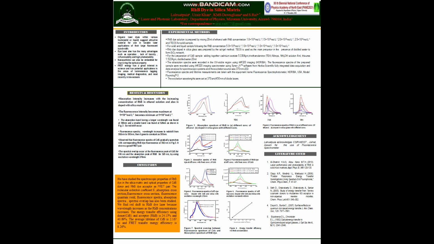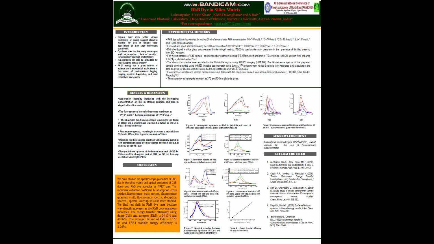If there is change in spectroscopic properties, that is due to dipole-dipole interaction and hydrogen bonding between our samples, that is CdS and rhodamine dye. For step number 4, FRET, that is fluorescence spectra with varying concentration of rhodamine B and fixed concentration of CdS for excitation wavelength 370 and 450 as shown in figure 5 and 6.